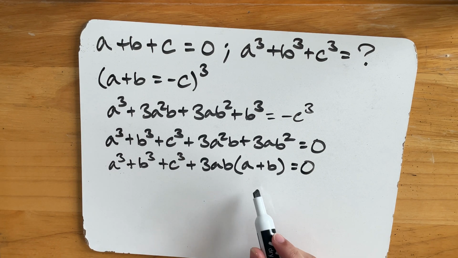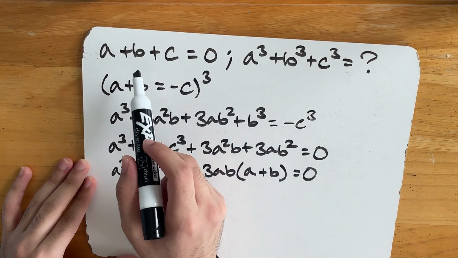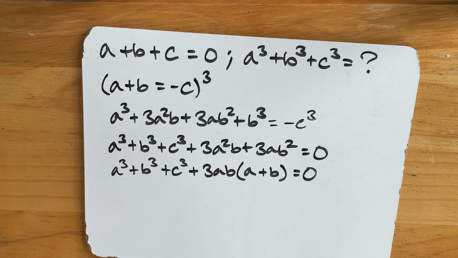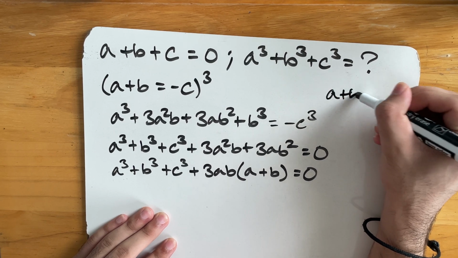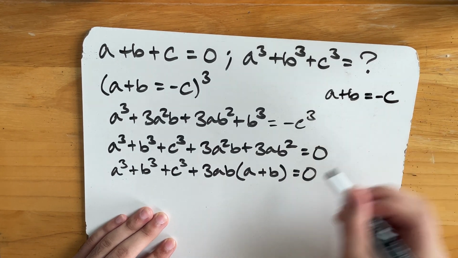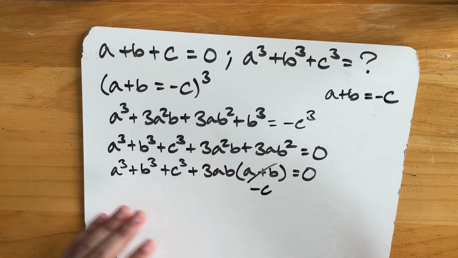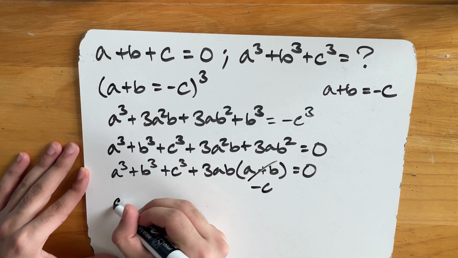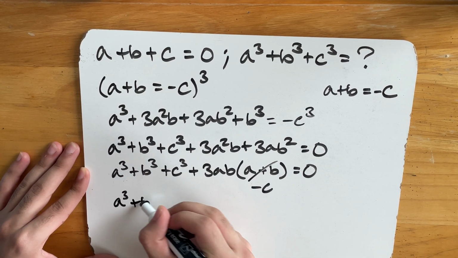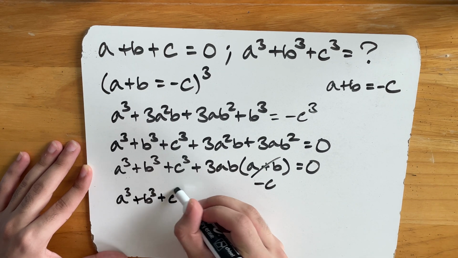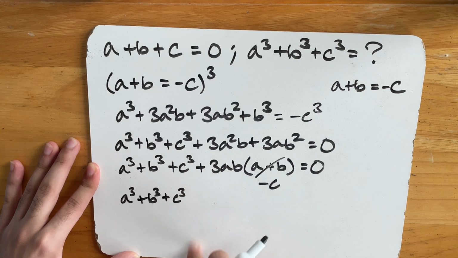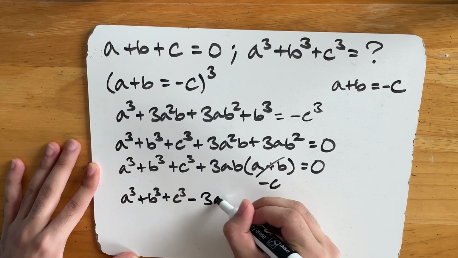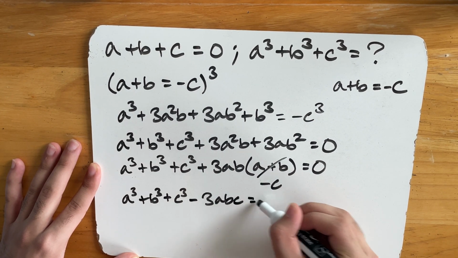Now, this is kind of special, because I said here that a plus b plus c is equal to 0. So I could say really that a plus b is equal to negative c, and I can just plug in negative c right here. Then I'll get a cubed plus b cubed plus c cubed minus 3abc is equal to 0.